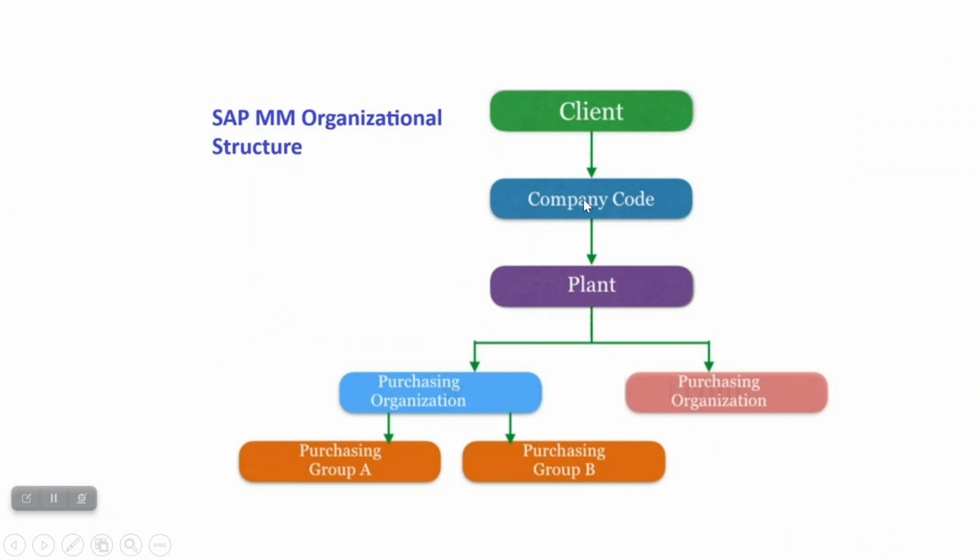Second level, company code. A company code is the smallest organizational unit for which you can maintain a complete set of financial statements. Each company code represents a legal entity. One or more company codes are arranged just below the client.